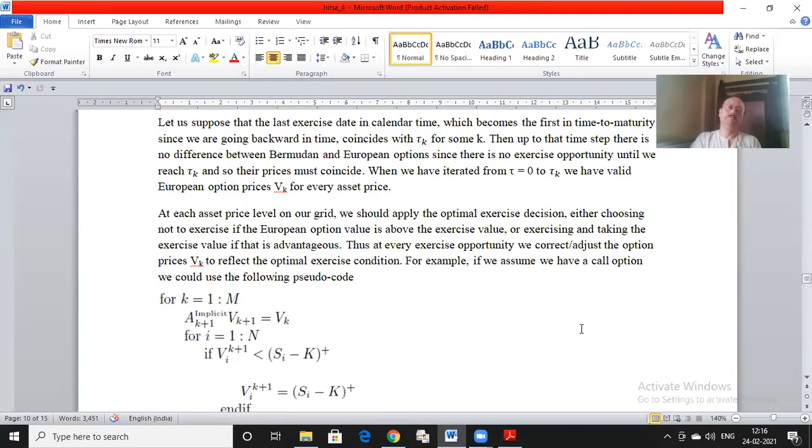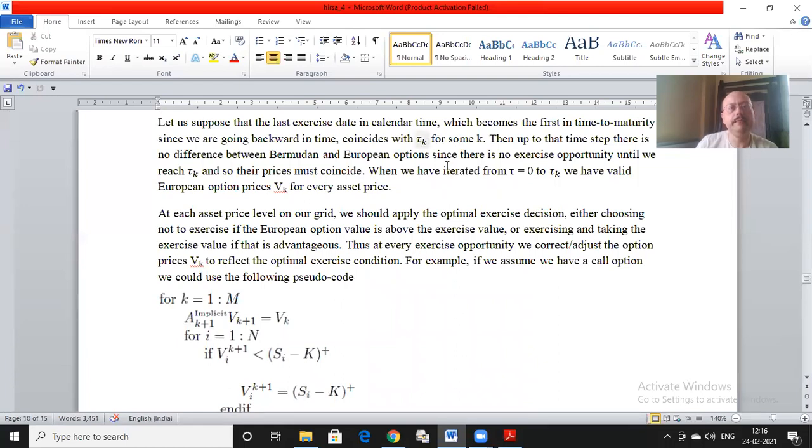Now, suppose the last exercise date in calendar time, which is of course the first time point in terms of our tau axis, because the tau axis is reversed. So the last exercise date becomes the first one on the tau line. That coincides with, say, tau k.